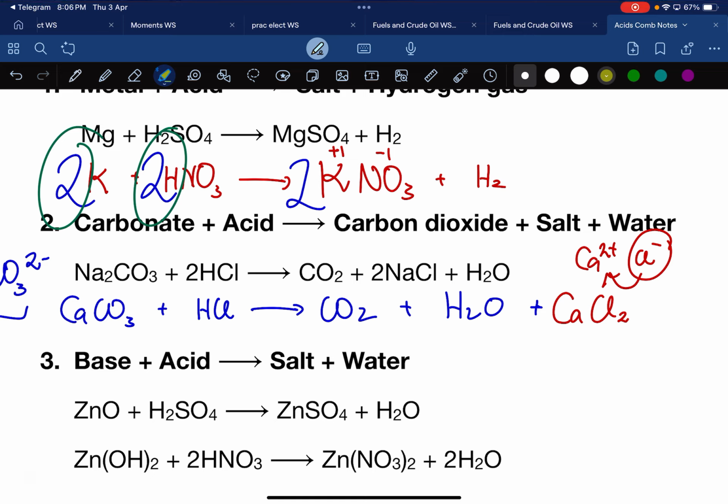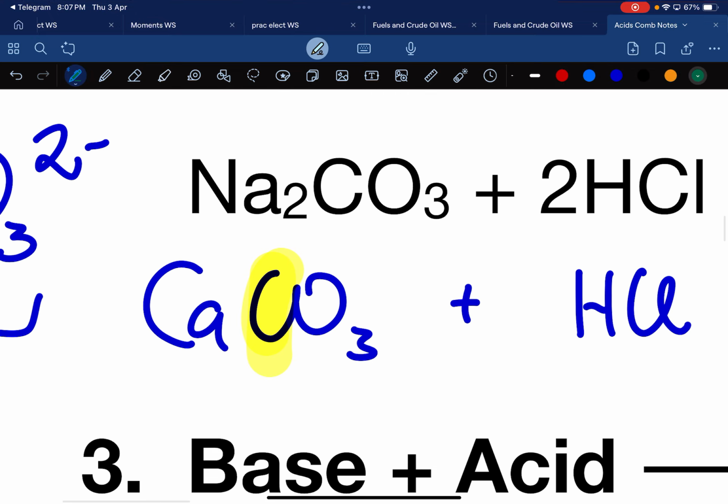Left side got how many carbon? None. What's that? It's carbon! How many carbon do you have? I got 3.